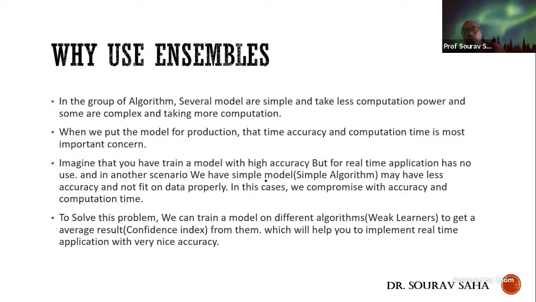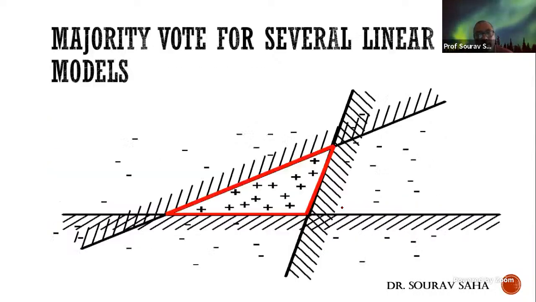I already told you that if you have to fine tune a model and ensure it fits correctly into all the instances, you have to do a lot of checking and hyperparameter tuning. So since that is time consuming, we train the model on different weak learners, weak algorithms, and we put out the average result from them. That's what we try to do.